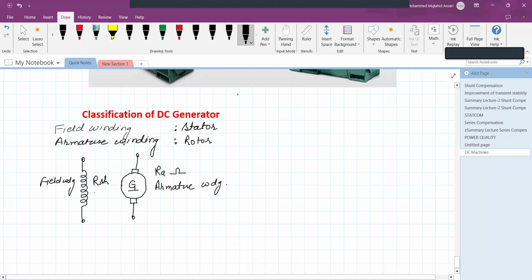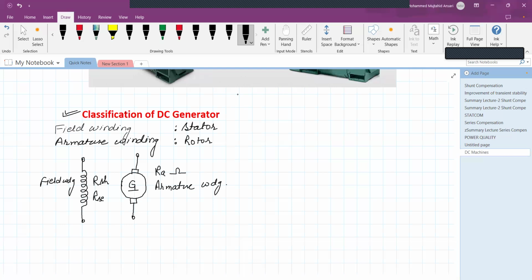And if it is connected in series, RSE is the resistance of the field winding connected in series with the armature winding. So it means the classification of DC generator is based on the connection between the armature winding and field winding.